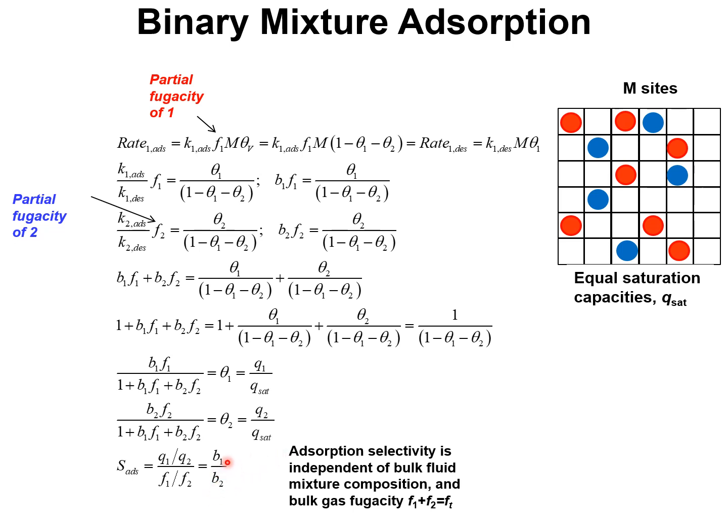And it is easy to derive that the adsorption selectivity is simply the ratio of the corresponding binding constants, B1 divided by B2. The adsorption selectivity in this derivation is found to be independent of the bulk fluid mixture composition and the bulk fluid phase fugacity, which is F1 plus F2.